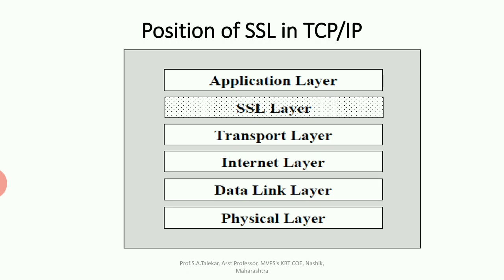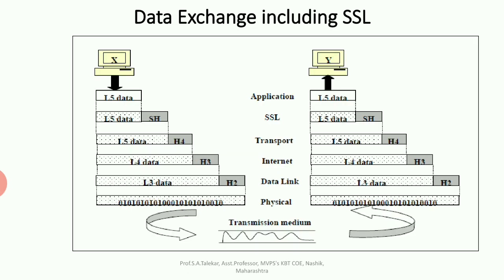As we know, the TCP/IP model has 5 layers, from the physical layer to the application layer. The position of SSL lies between the application layer and the transport layer. How the data exchange takes place from layer to layer, we'll discuss in the next slide.